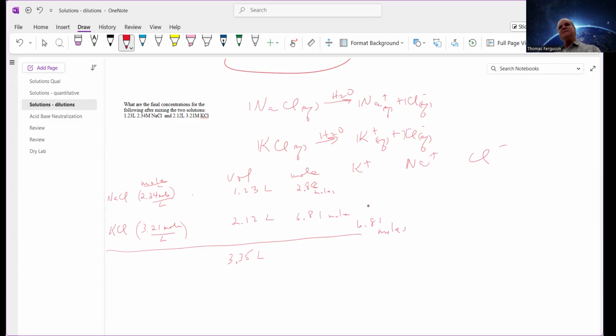It's a 1-to-1 correspondence between the KCl and the K based on our equation up here after we balanced it. Okay, the number of moles of sodium is going to be 288. And chloride is going to be the same.